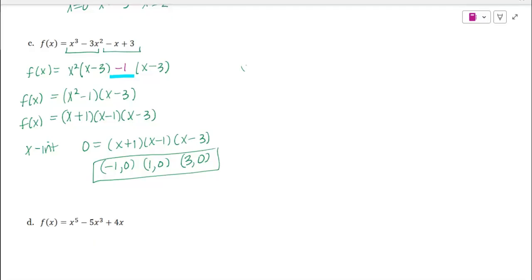For our y-intercept, we're going to look at f of 0, which is 0 cubed minus 3 times 0 squared minus 0 plus 3. The y-intercept will always end up being this constant value that's on the end if there is one. And so our y-intercept in this case is (0, 3).